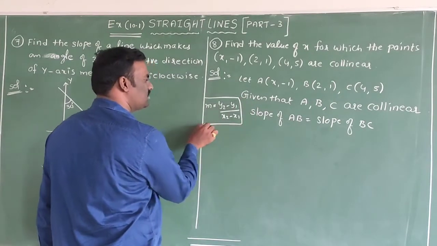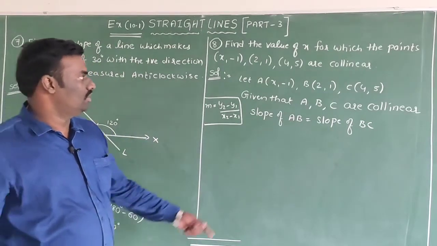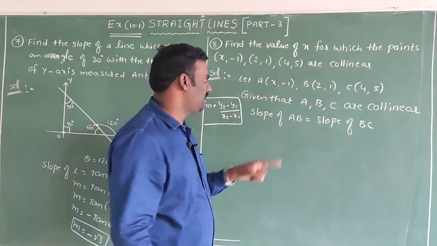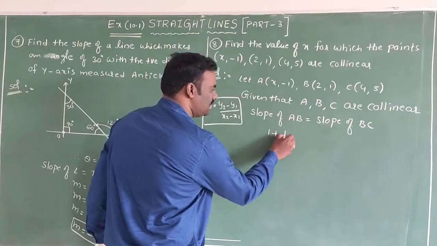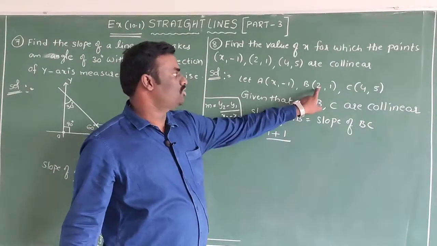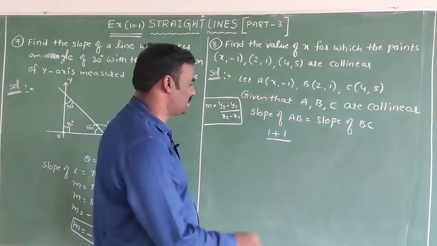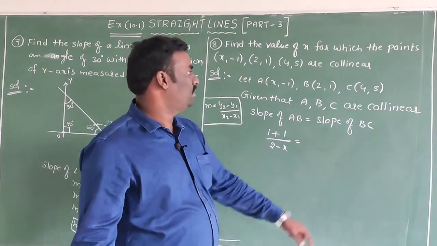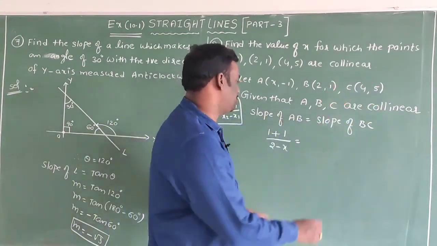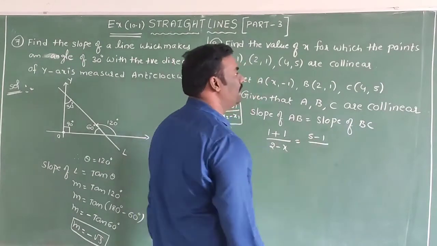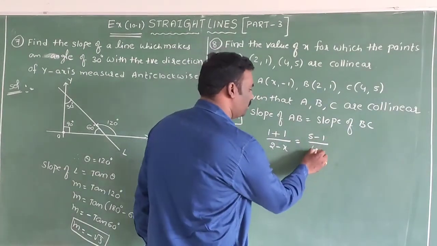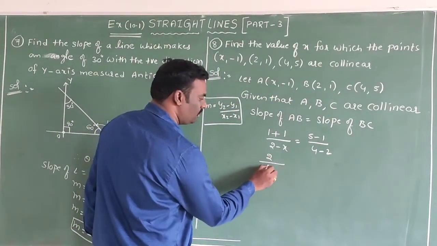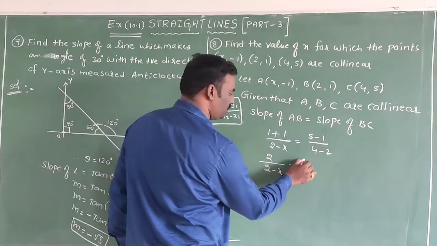So, I am applying this formula for slope. First I am taking the slope of AB: x1, y1, x2, y2. y2 minus y1 is 1 minus of minus 1, that is plus, by x2 minus x1, that is 2 minus x. Similarly, I am finding the slope of BC: y2 minus y1 is 5 minus 1, by x2 minus x1, that is 4 minus 2. Now, simplify this. 2 by (2 minus x) is equal to 4 by 2.